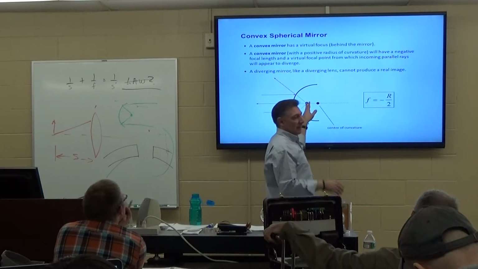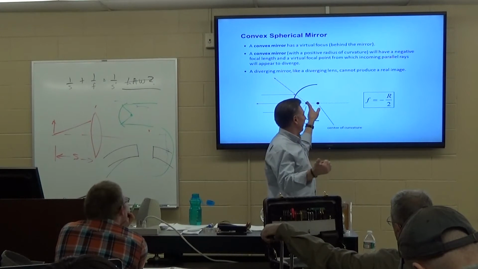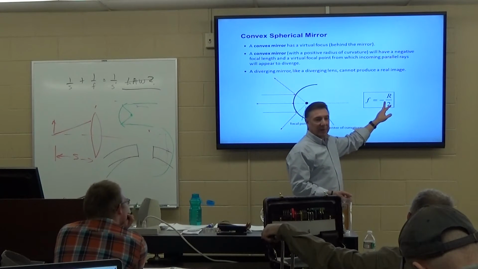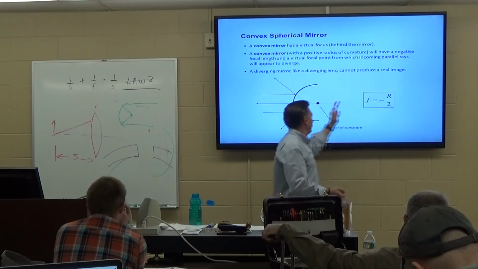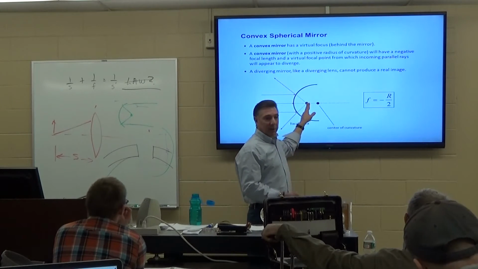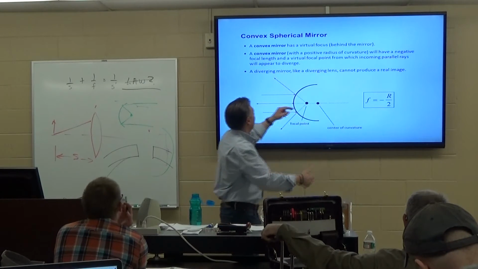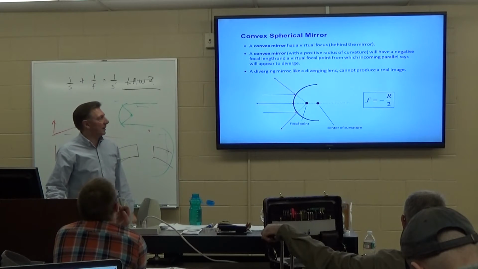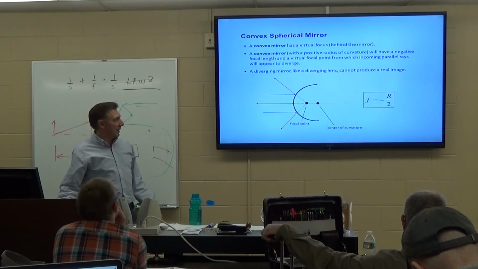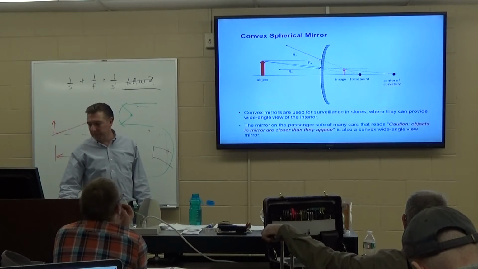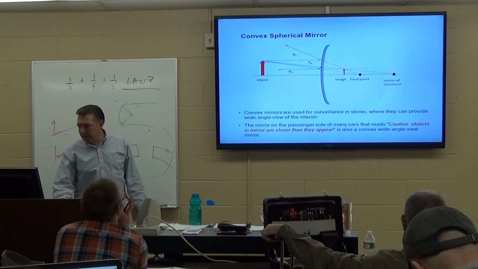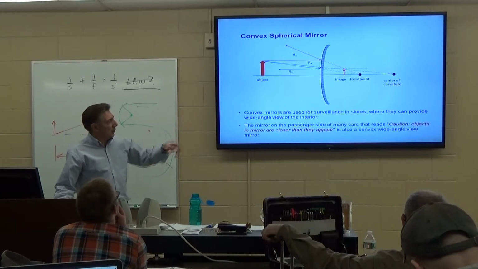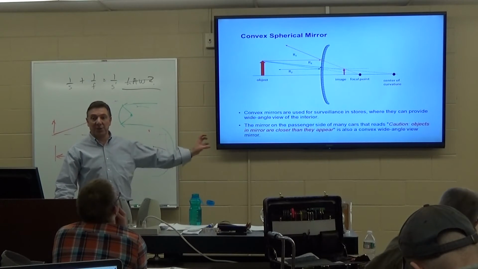But because mirrors are the opposite of lenses, for a positive mirror the focal length is negative. Negative focal length means the focal point is inside the mirror. It's a virtual focal point. This is also called a diverging mirror, similar to a divergent lens. You put an object to the left, it forms a smaller image inside the mirror, and that's what you see in your side view mirror.